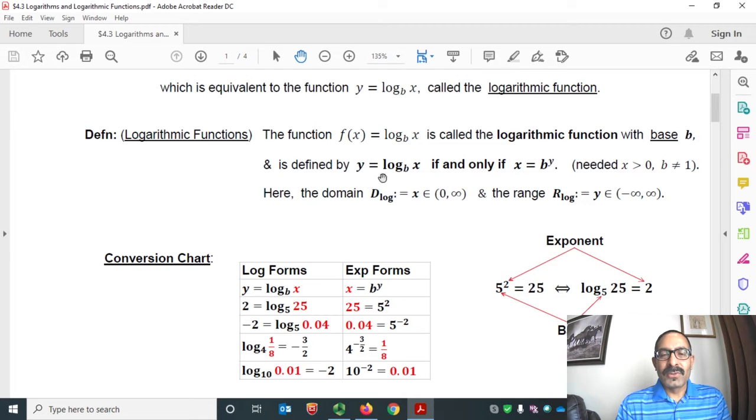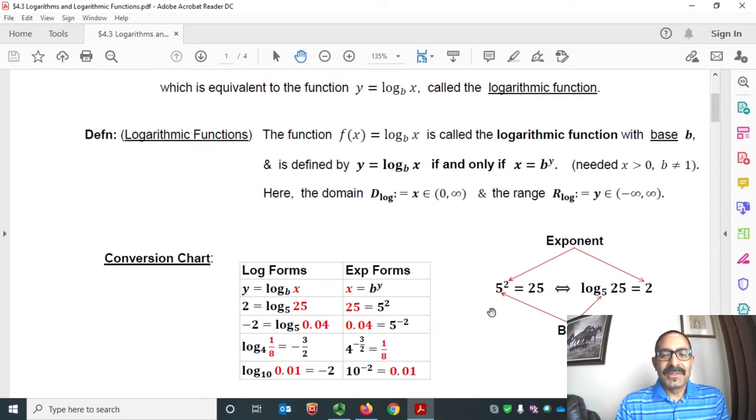So y equals log x to the base b is equivalent to x equals b raised to the power y. This side is a log function, and this side is the corresponding exponential function. The domain of the log function is 0 to infinity excluding 0, and the range is the whole real line.